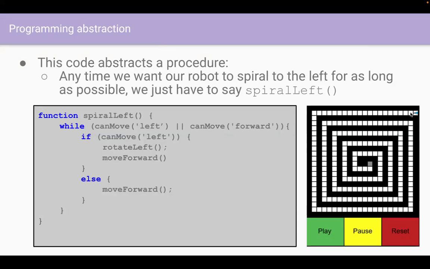If the robot was here right now, it can't rotate left or right, right? Because this if statement is saying if it can move left, do all this. But it can't. It can only go forward because there are no boxes to go left, right? So now we're going to go to this else, and it's just going to go forward. So now it's right here. It's in the third box. And now it can still keep going forward, but it can't go left.